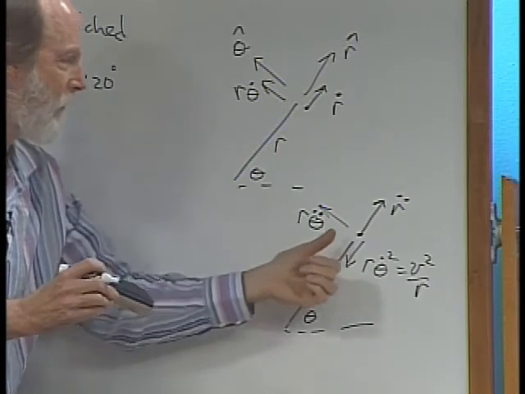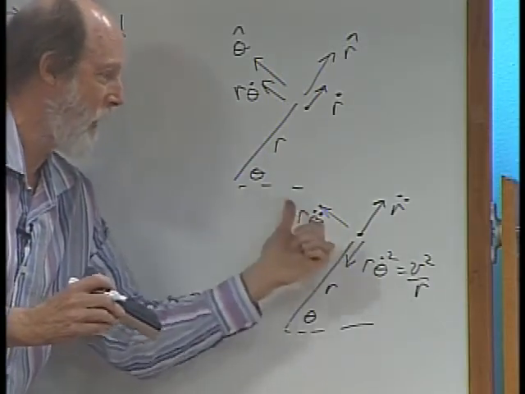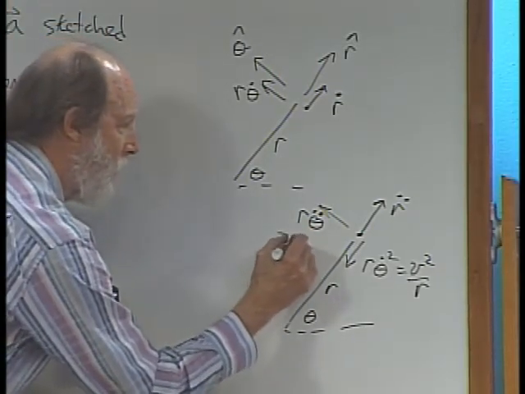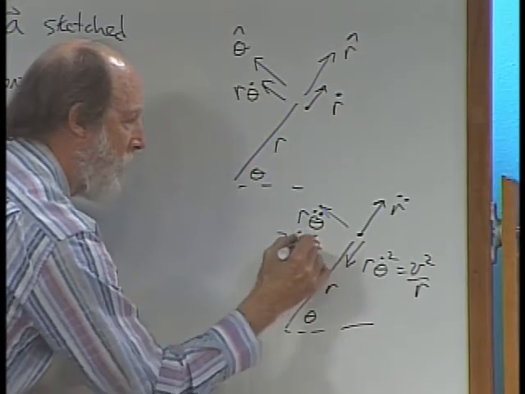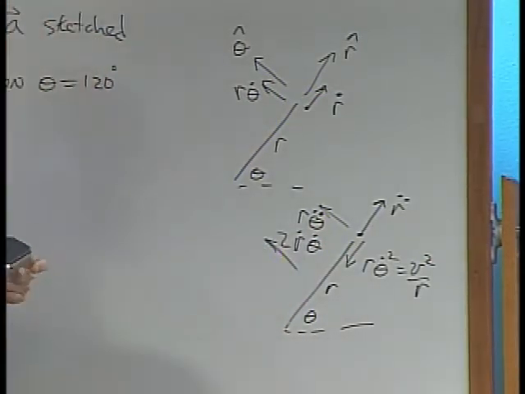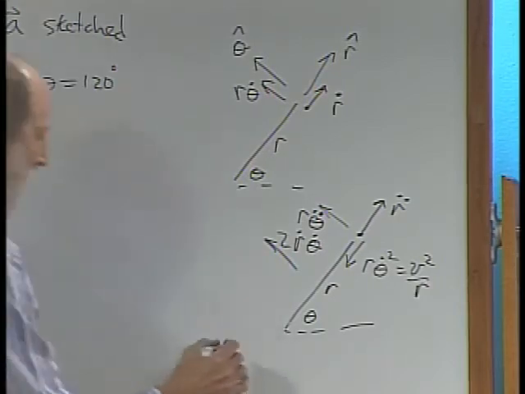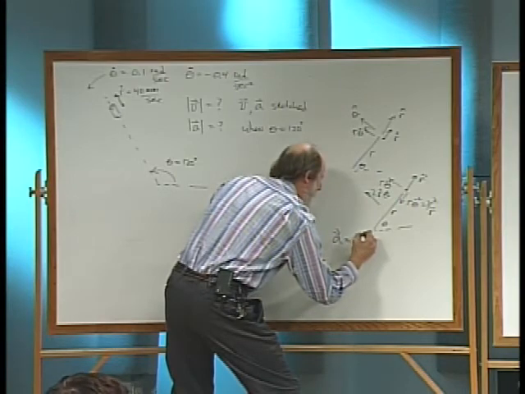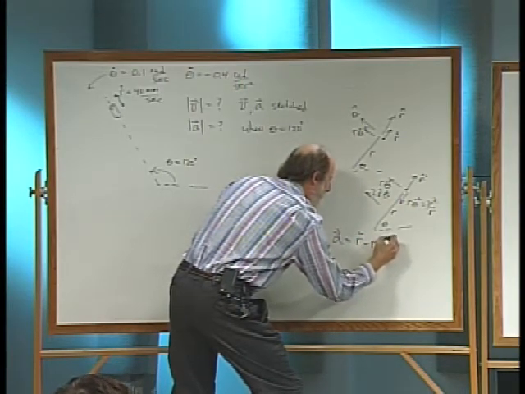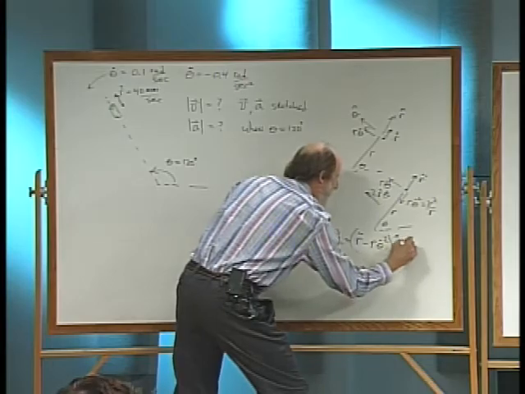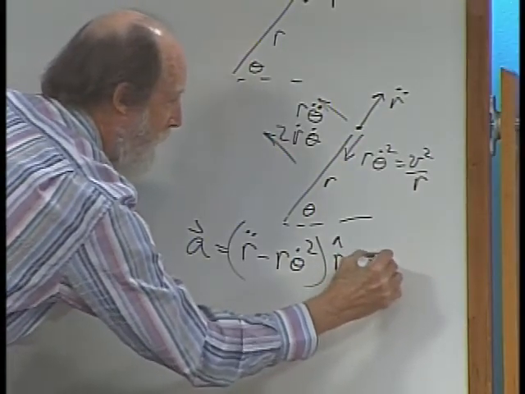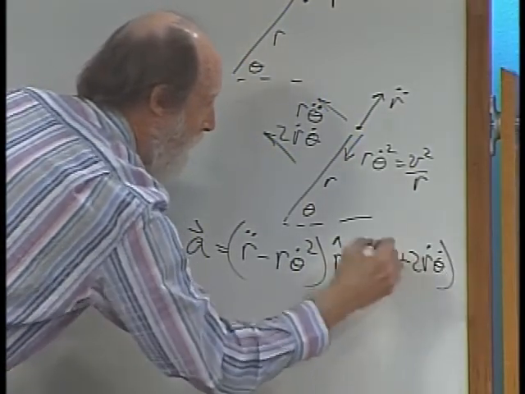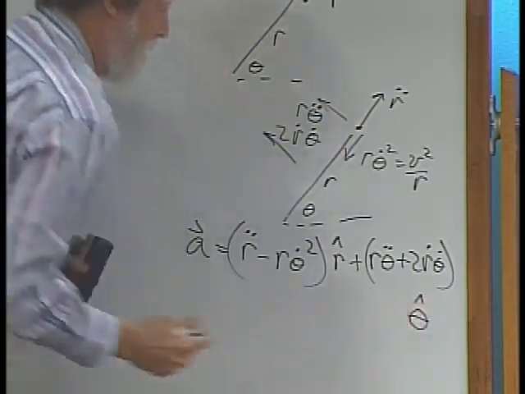And that points in the same direction as this positive sense of r theta double dot. So you're going to have a 2r dot theta dot term also pointing that way. So your polar acceleration equation then is made up of your radial one, r double dot, minus your r theta dot squared term, r hat, plus the r theta double dot, plus the Coriolis term, 2r dot theta dot. And that has to be in the theta hat direction.